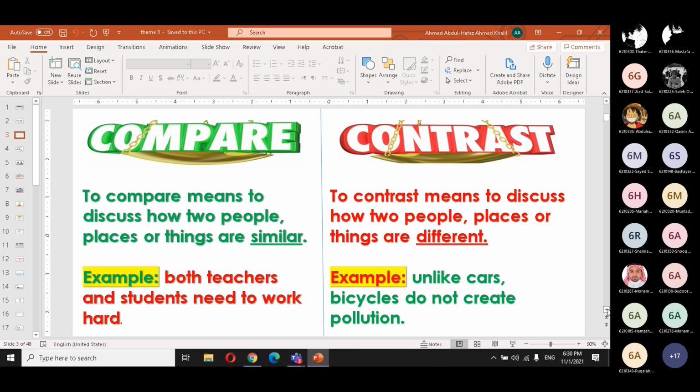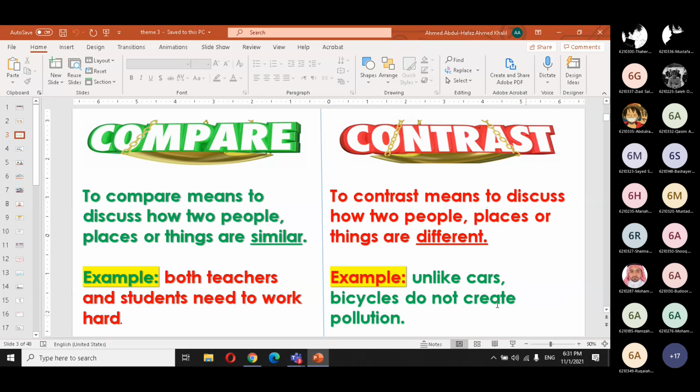You take exams and quizzes. You take assignments and homework. So in both of them there are many similarities. So when we say compare, compare here means show the similarities.